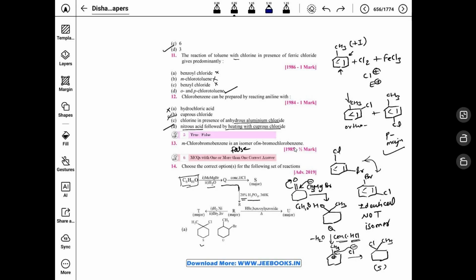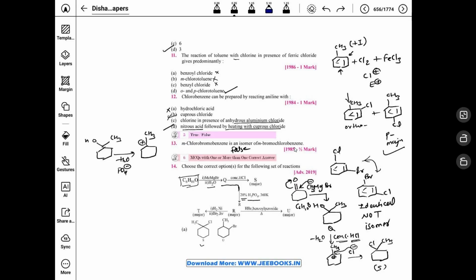So it is providing the dilute condition, and in dilute condition Q has an OH group. So what is going to happen in this case? After removal of water, this gives the carbocation, and this carbocation will not get attacked by any nucleophile because PO4 is not a nucleophile.